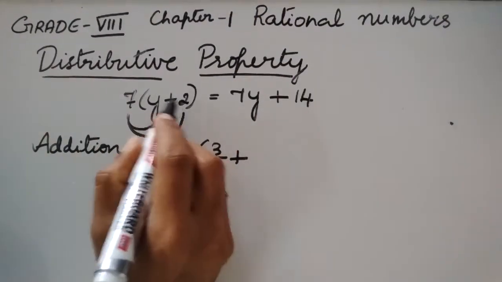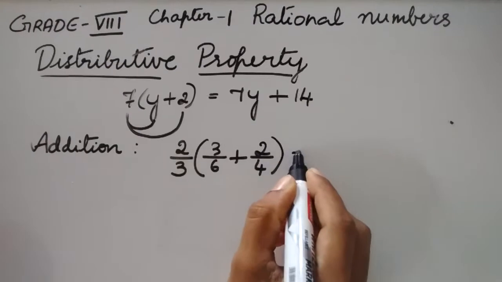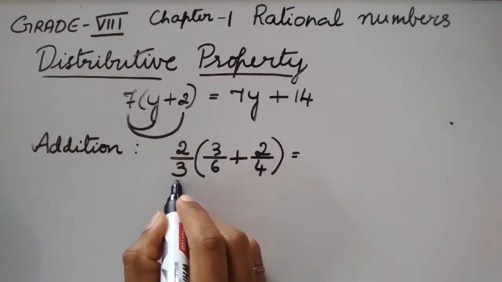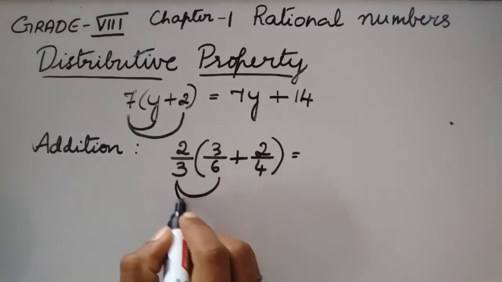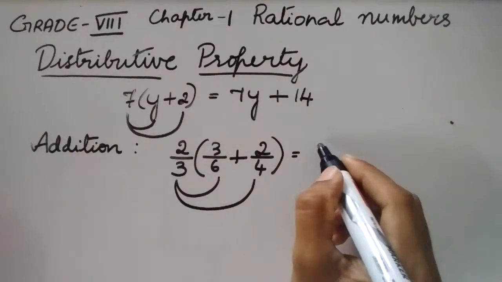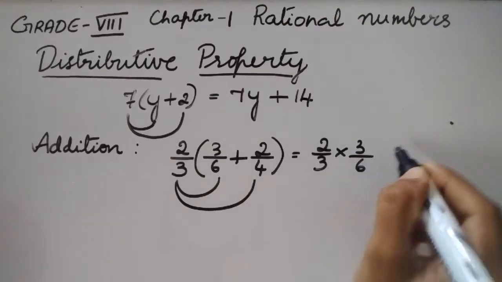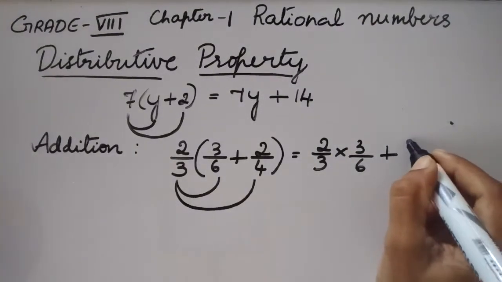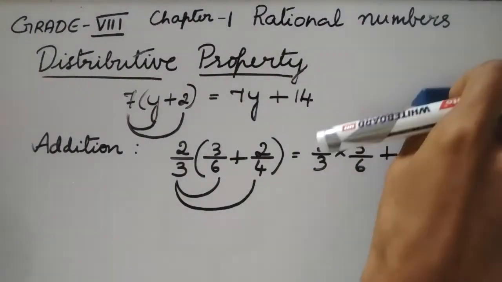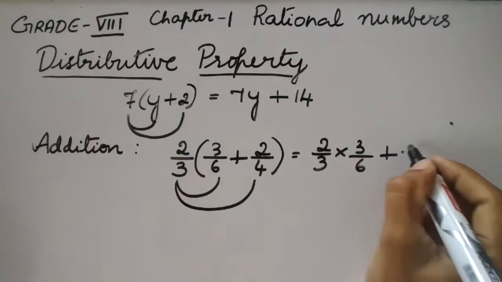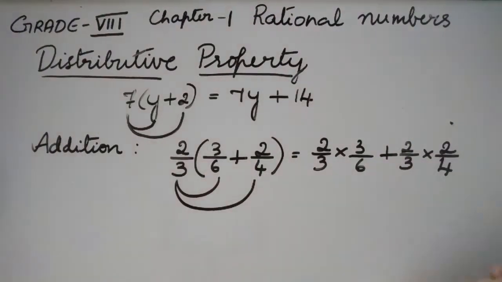Then plus, in place of 2, I will write 2 by 4 equals to, then I will multiply 2 by 3 with 3 by 6 and 2 by 3 with 2 by 4. So I get 2 by 3 into 3 by 6 plus 2 by 3 into 2 by 4.